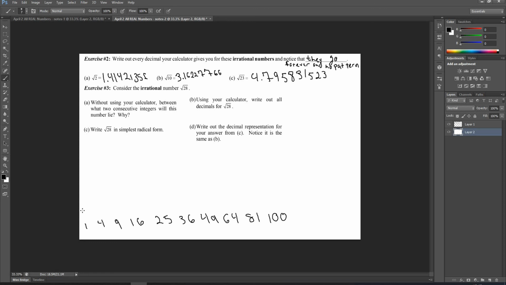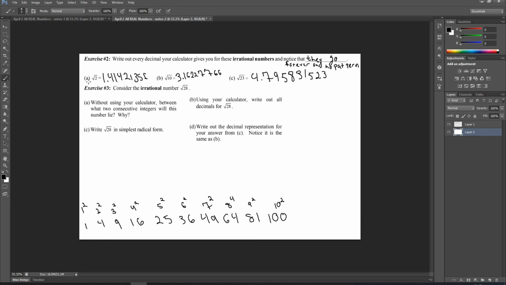So 1 squared is 1, 2 squared is 4, 3 squared is 9, 4 squared is 16, 5 squared, 6 squared, 7 squared, 8 squared, 9 squared, 10 squared.